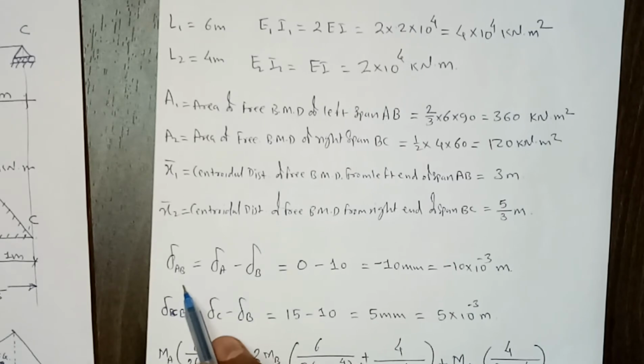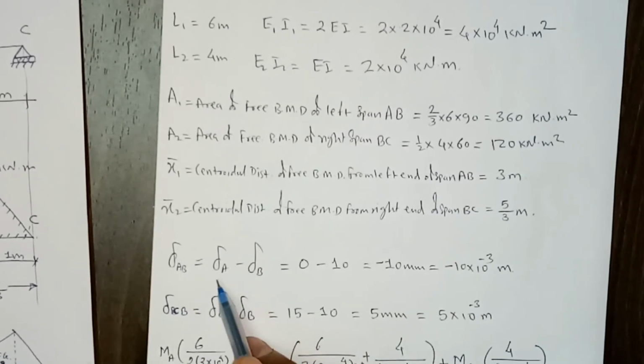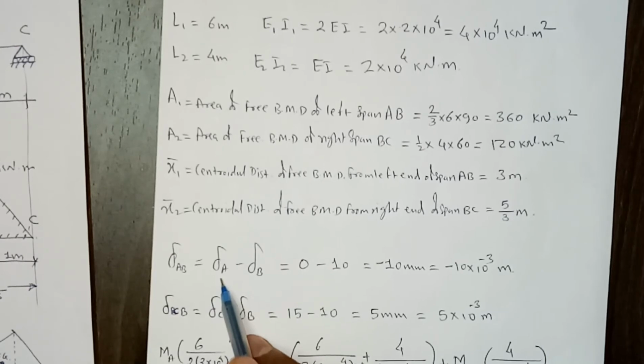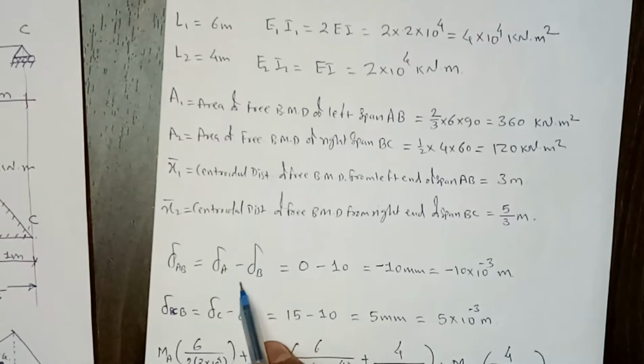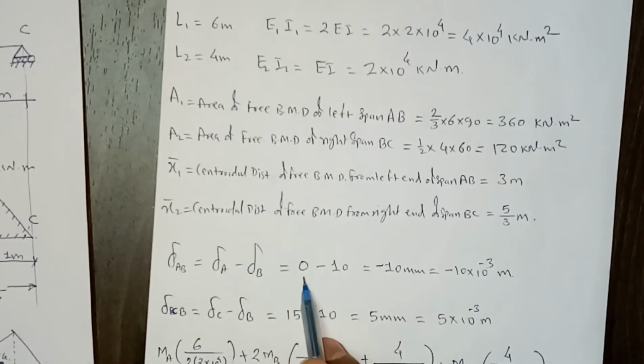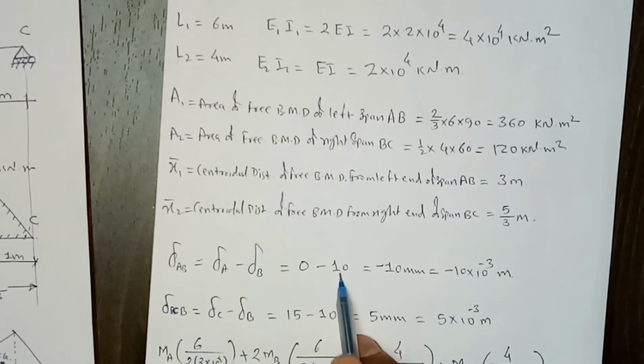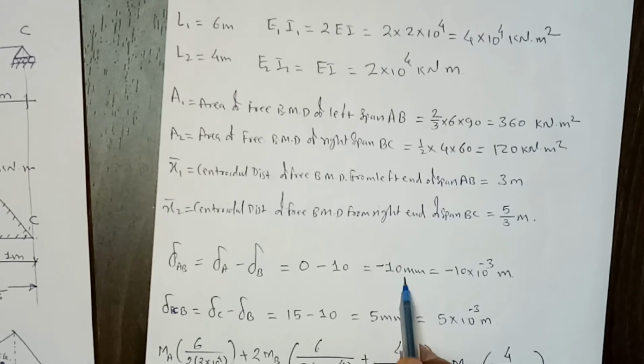Now again, delta AB is equal to delta A, that is the level or the settlement in A, the left support, minus the settlement in the mid support. Now the left support A is not sinking, but since B support is sinking by 10 mm, it will be minus 10 mm.